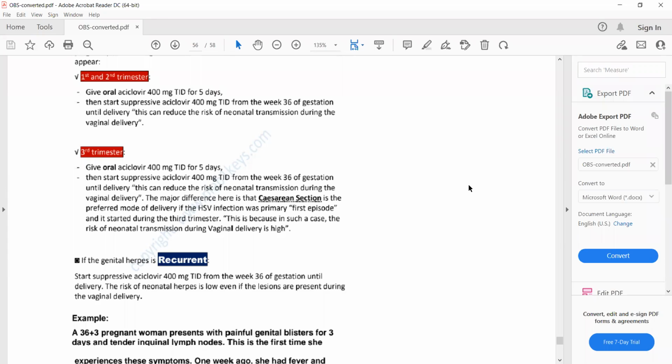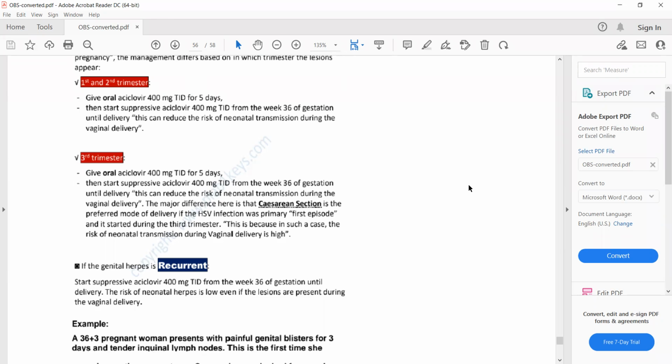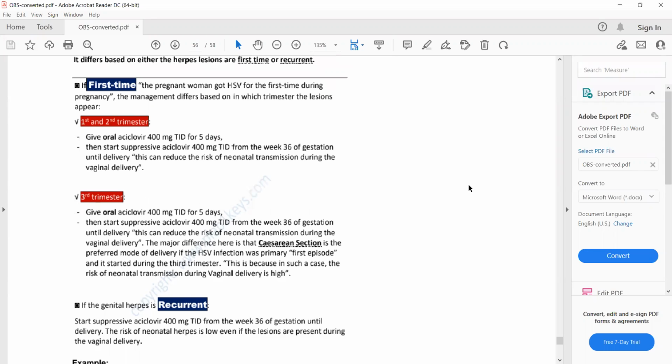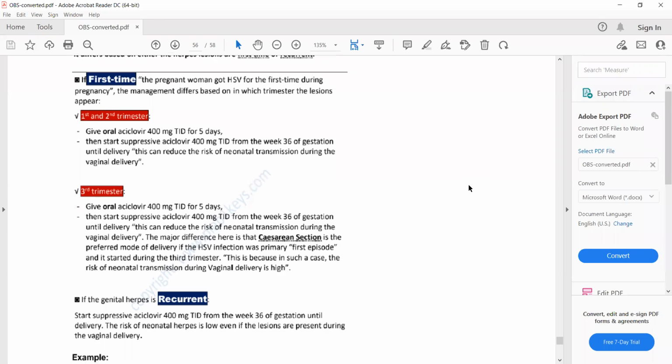And if she develops genital herpes in the third trimester for the first time, then again this therapy will be given, 400 milligram TID for 5 days and 400 milligram from 36 weeks of gestation until delivery.